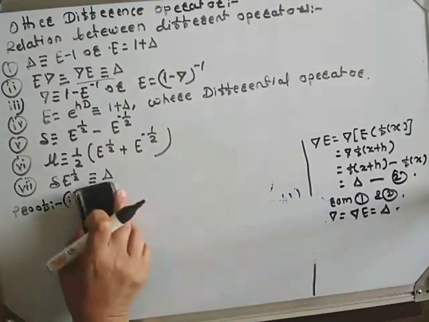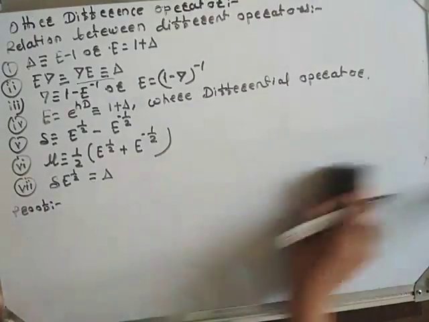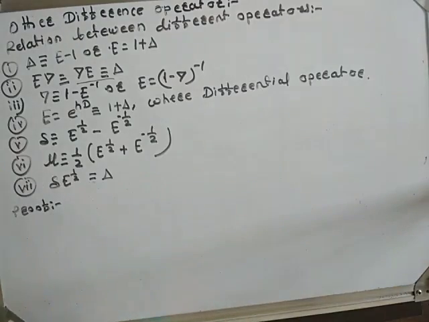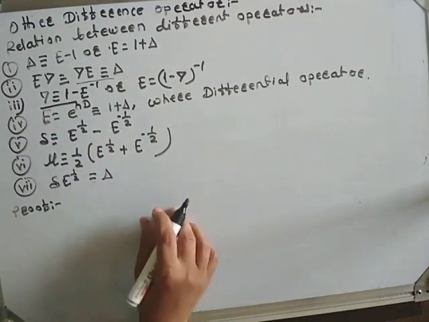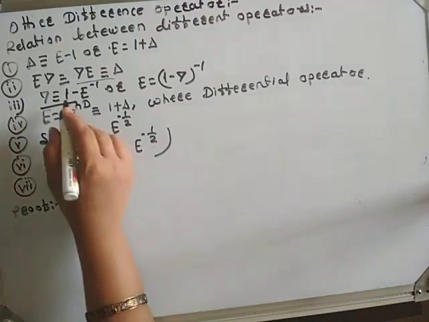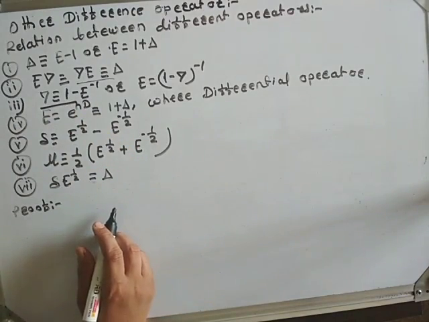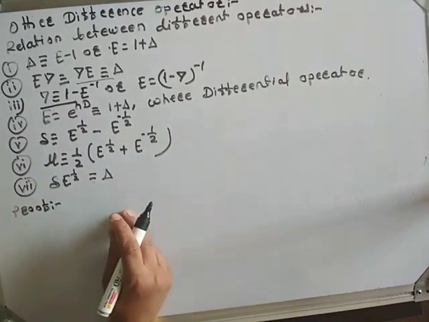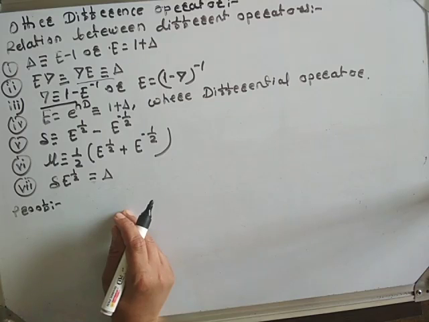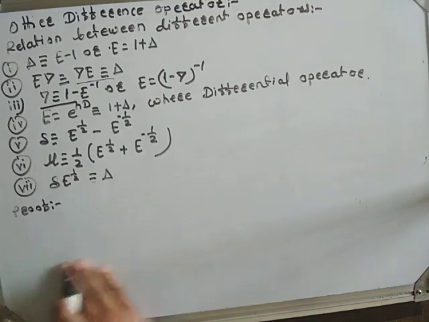Now we will prove relation number 3. In 3, we have to prove that del is equivalent to 1 minus E inverse, or E is equal to 1 minus del inverse.